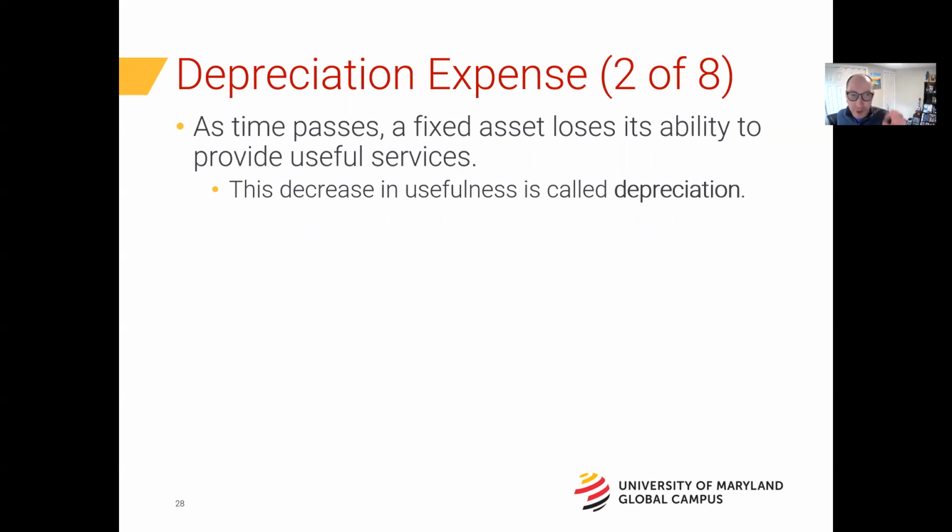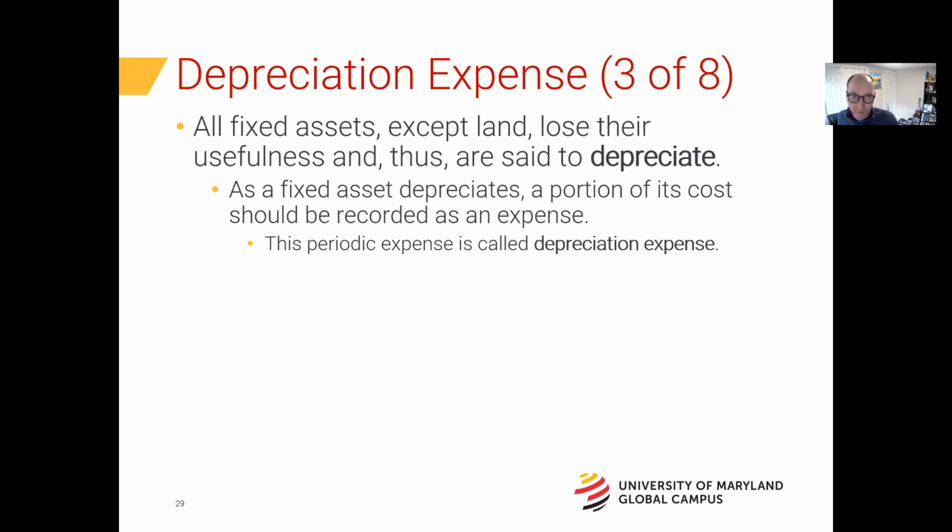But the idea of depreciation is that it reflects the passage of time as we're utilizing our fixed assets to generate revenue. As time passes, our fixed assets lose their usefulness and their value. And so we accumulate this thing called depreciation to reflect the reduction of their useful life. That's why we say that things are depreciating in value.